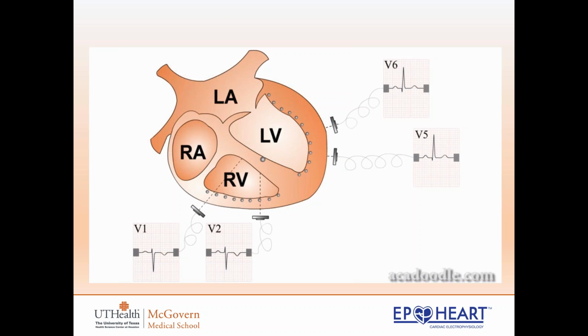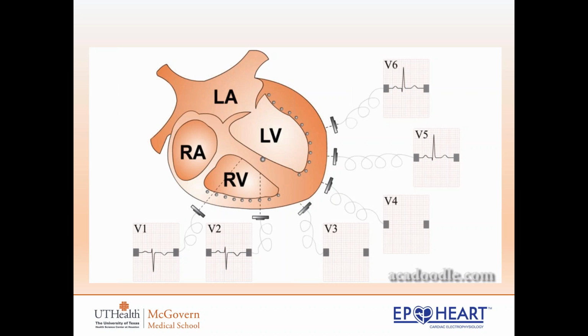So, because of their position relative to the heart, left ventricular depolarization produces overall negative QRS complexes in the septal leads, V1 and V2, and positive QRS complexes in leads V5 and V6.